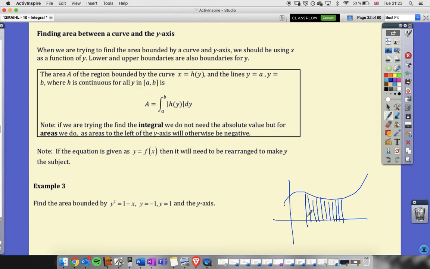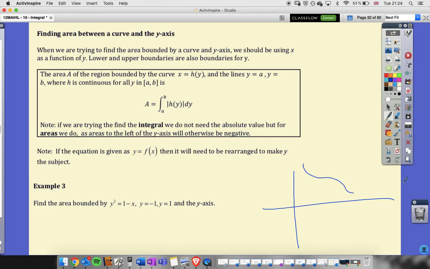And we said each of the rectangles is dx wide, and its height is whatever the y coordinate is at that point. And so we were adding them all up, which led to us finding the integral of our function. What we're doing now is we're looking the other way.